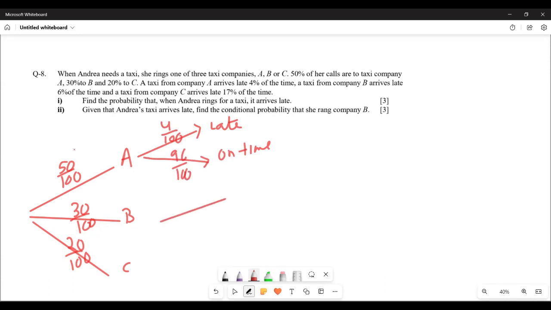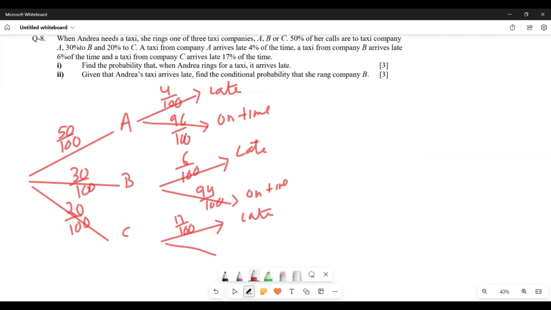Taxi from company B arrives late 6% of the time, and it's on time 94% of the times. And taxi from company C arrives late 17% of the time. So late, and on time 83% of the time.